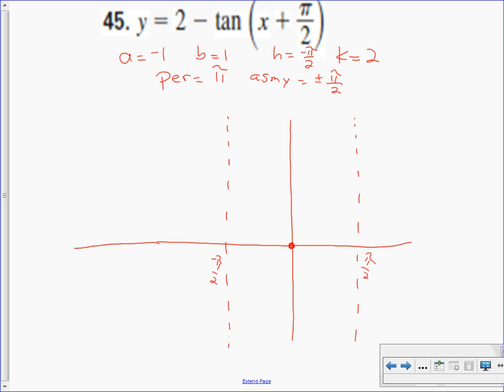I know my original graph is going to go through the origin, so I've got to find my halfway points. Halfway between 0 and pi over 2 is pi over 4, and then negative pi over 4. Since the A value is negative, we start at the top, work our way down.